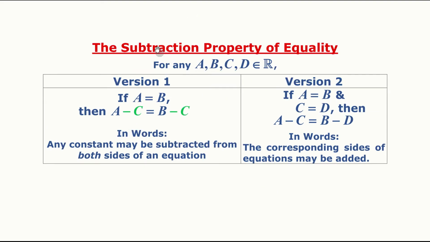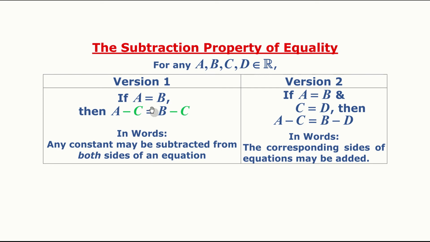Now, what I'm calling the subtraction property here, a lot of people like to handle within the context of the addition property, which is true because subtracting is just adding the opposite, but it's a little bit easier just to have it as its own property. So we'll state it differently as a different property, but do keep in mind that you could theoretically just use the addition property for this one as well. You're just adding negative numbers in this case. So this one says if a equals b, then a minus c equals b minus c.